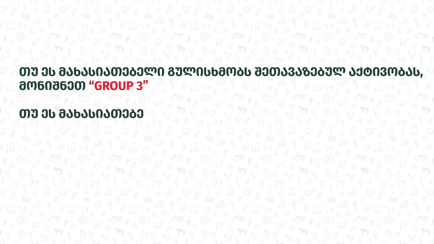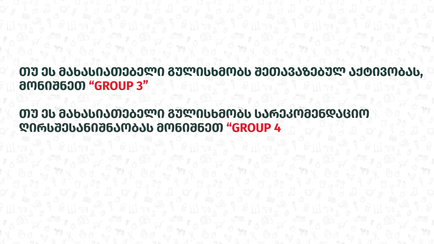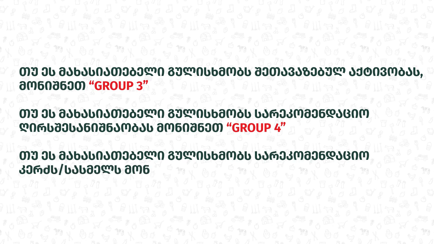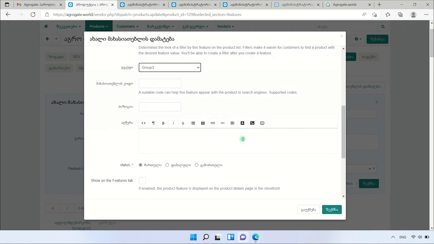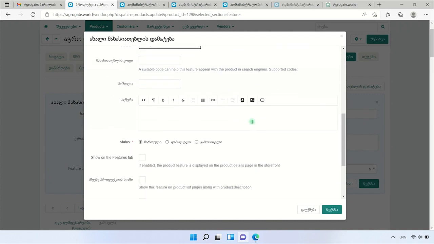If this characteristic refers to the proposed activity, mark Activities with Host. If this characteristic refers to a recommended site, mark Recommended to See. If this feature refers to a recommended dish/drink, mark Recommended to Eat. In the given sections, you only need to fill in the description, then go to the options, write the feature name. Upload the image again and click Create.